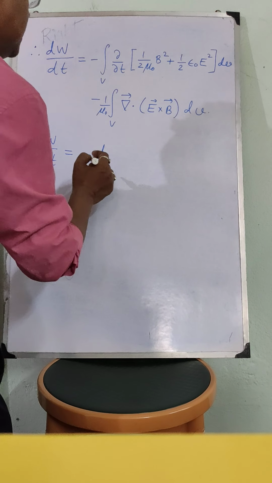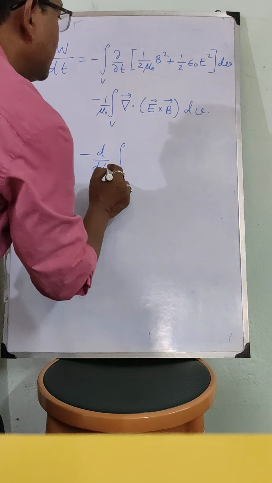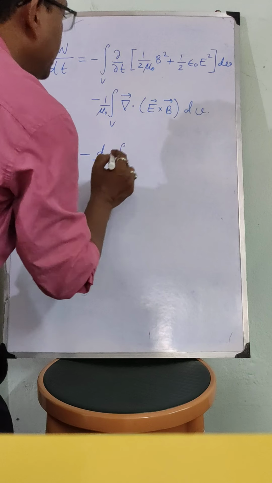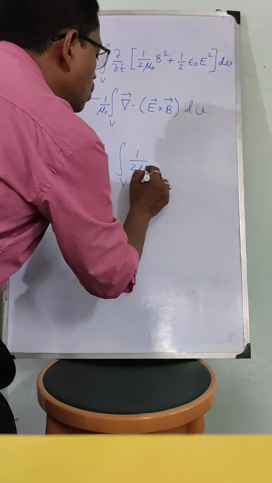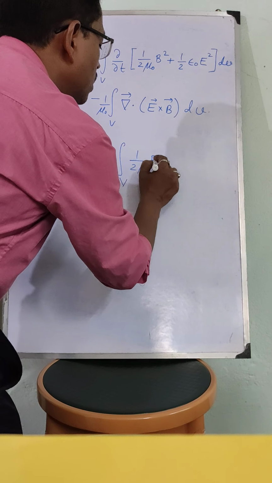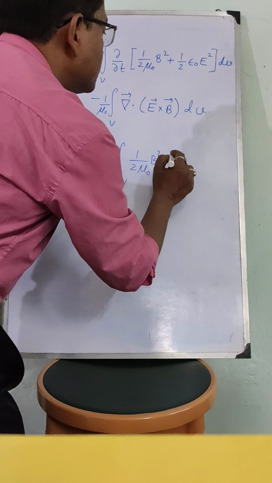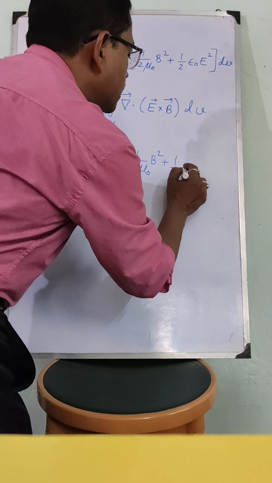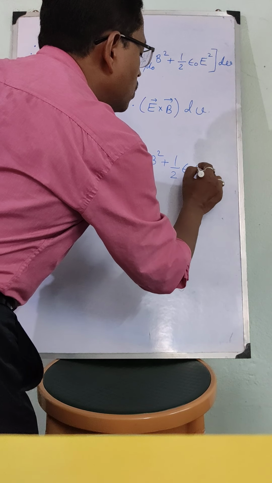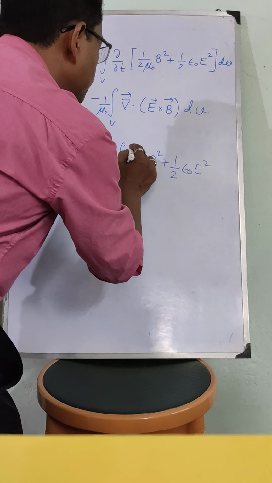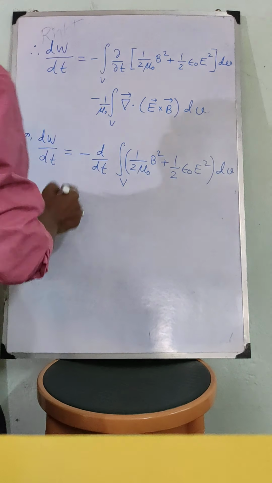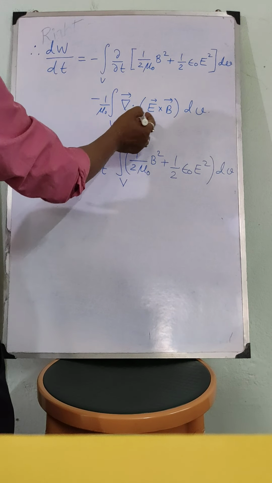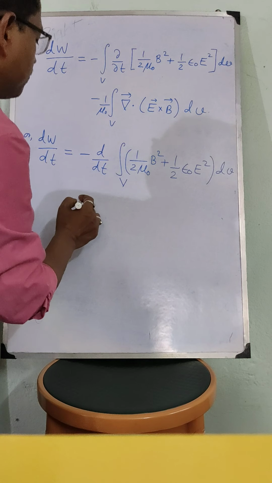So minus d dt of integration over V of 1 by 2 mu 0 B square plus half of epsilon 0 E square dV. Now I will use Gauss's divergence theorem on this term.